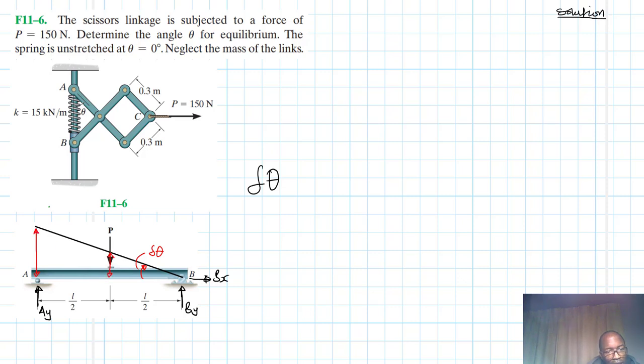So this is where the work is going to be done, the virtual work. So this one is going to be equal to L del theta, and this one here is equal to L over 2 del theta.